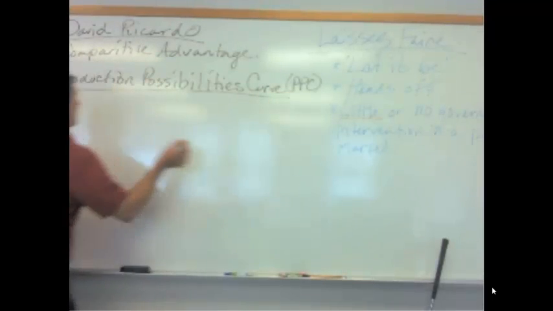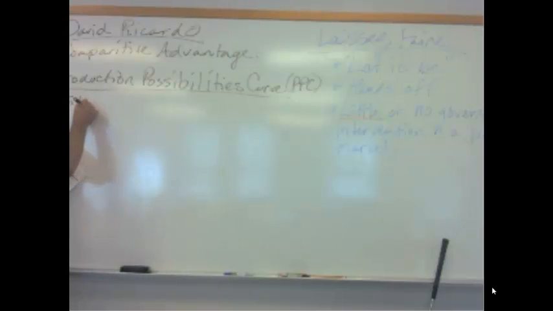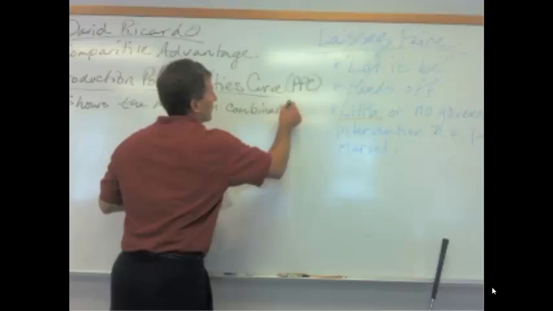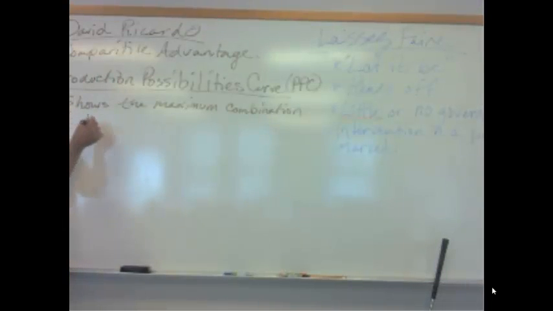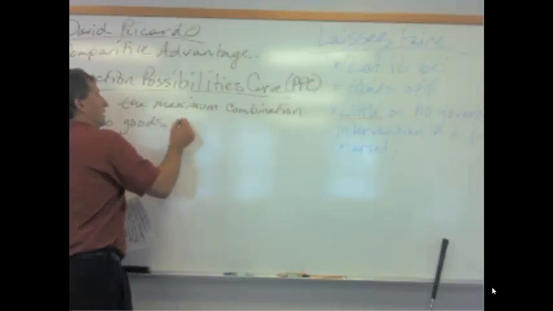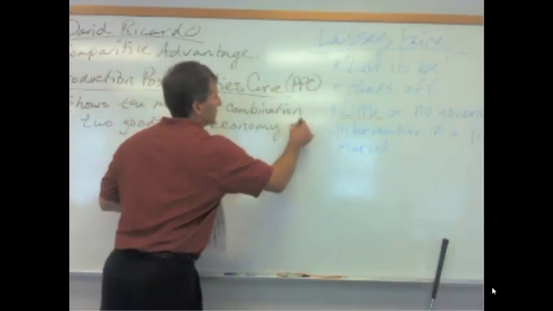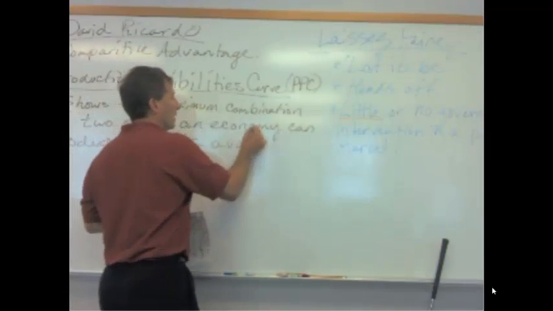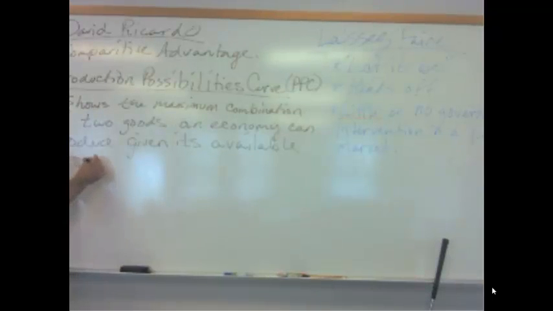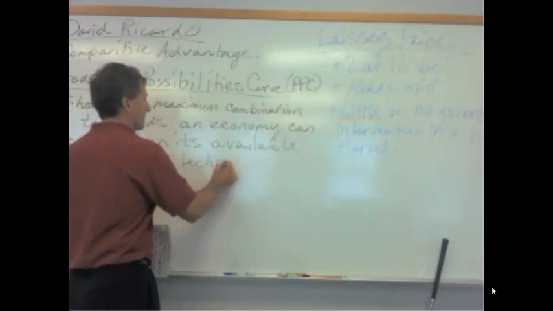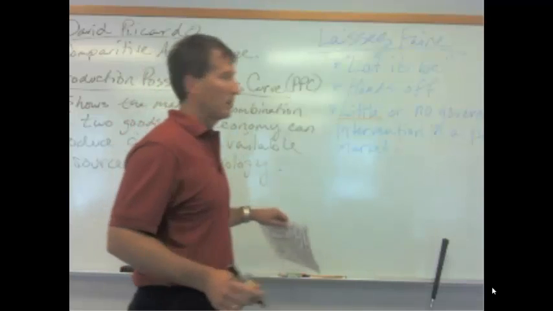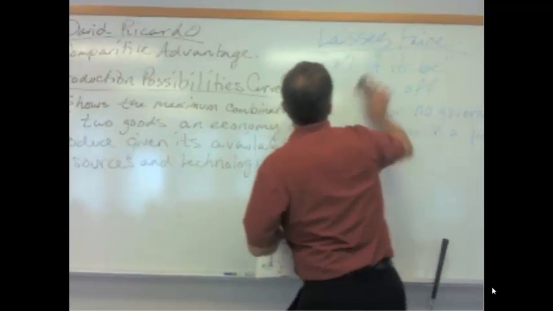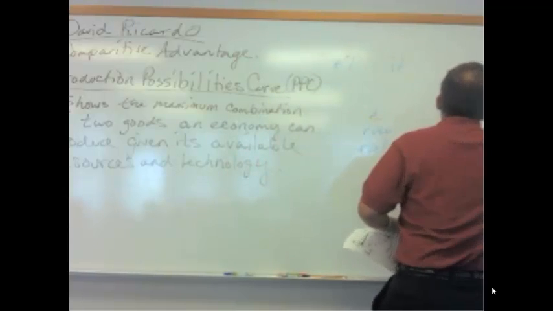And this is an economic model that shows the maximum combination of two goods an economy can produce given its available resources and technology.